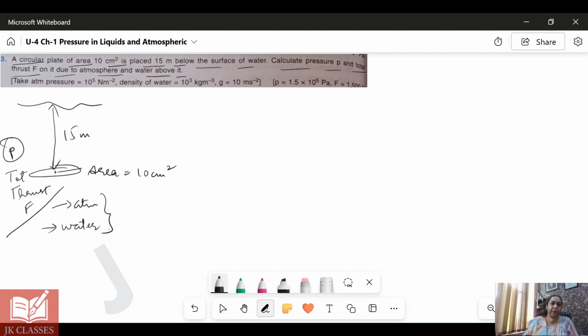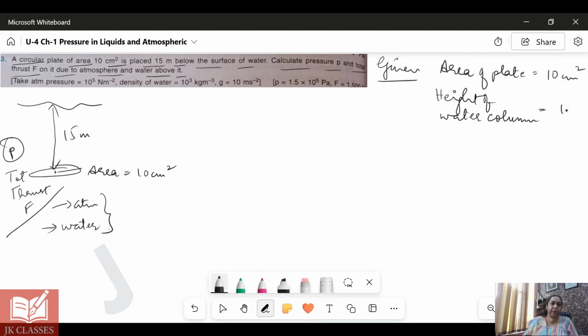Right? Let us first see and write what all things have been provided. We've been provided area of the plate, that is 10 centimeters square. Height of water column is 15 meter. Atmospheric pressure is 10 to the power 5 Newton per meter square.